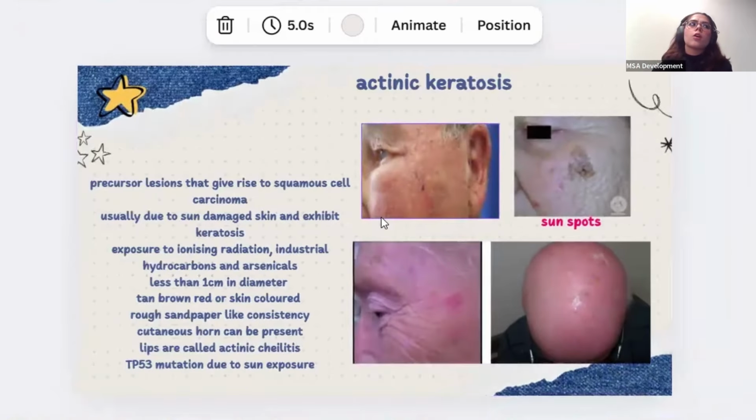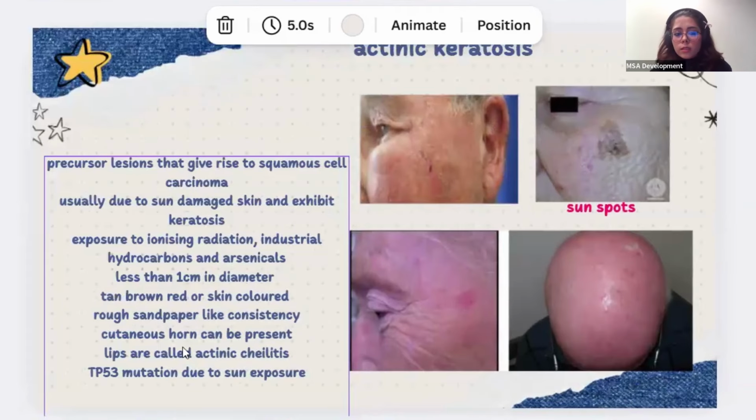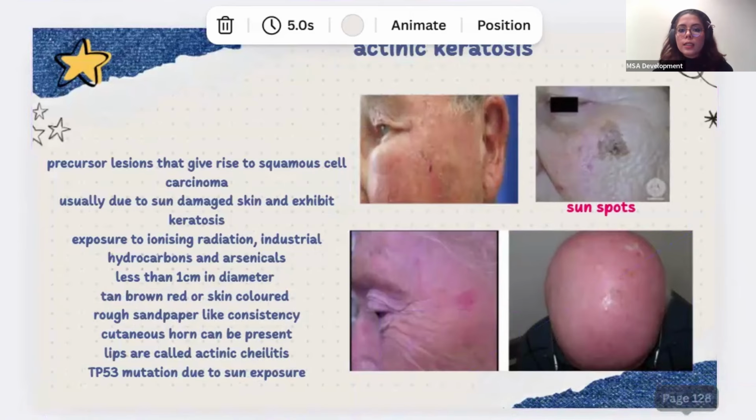They're going to say, a farmer who's been working all of his life in the fields with no sun protection has a spot on his face that is rough to the feel. You think actinic keratosis. Cutaneous horn can also be present. On the lips it's called actinic cheilitis. I will show you a picture of what actinic cheilitis looks like. There's a TP53 mutation due to sun exposure.